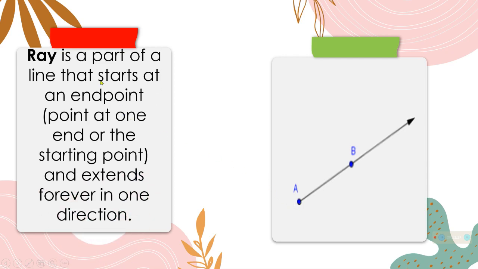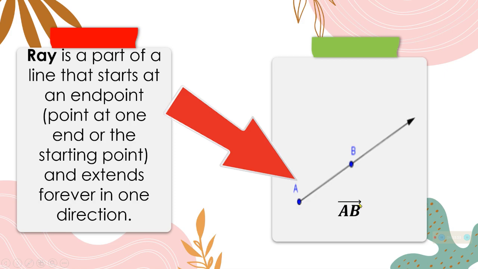A ray is a part of a line that starts at an endpoint, the starting point, and extends forever in one direction. This is an example of a ray, which you name as ray AB. You will not name this as ray BA because our starting point here is point A. So the only name of this ray is ray AB.